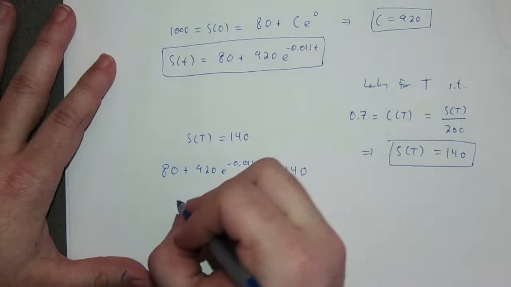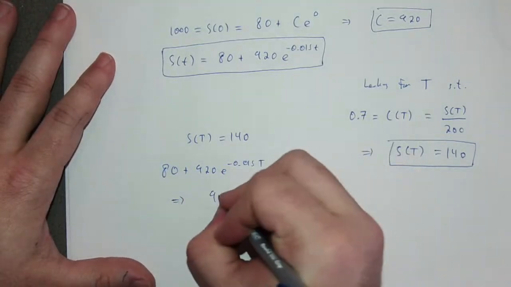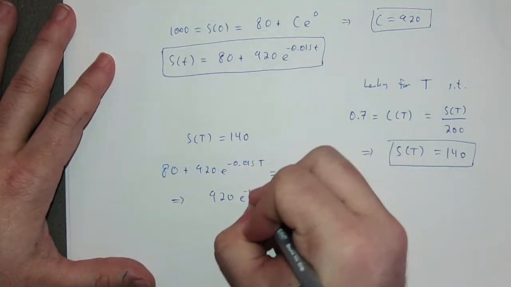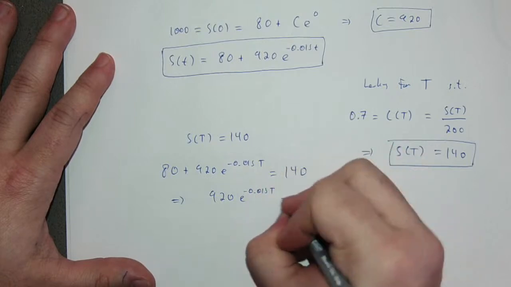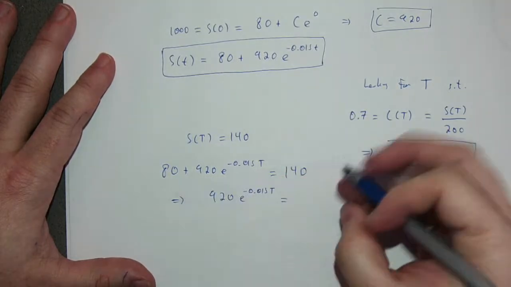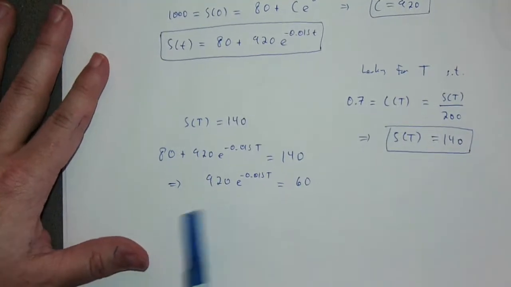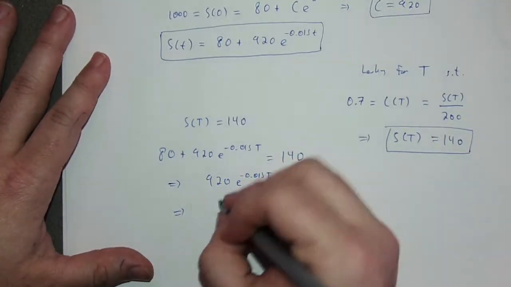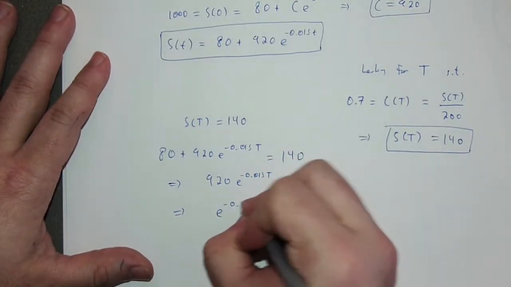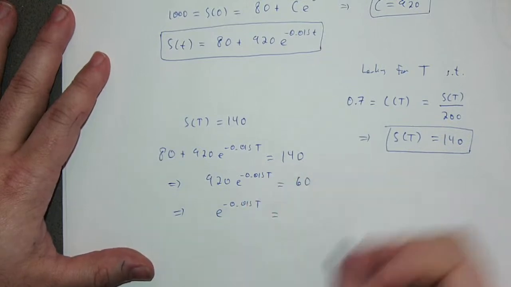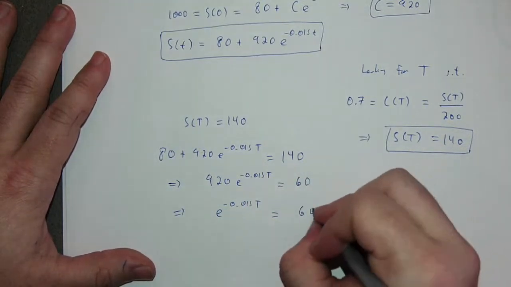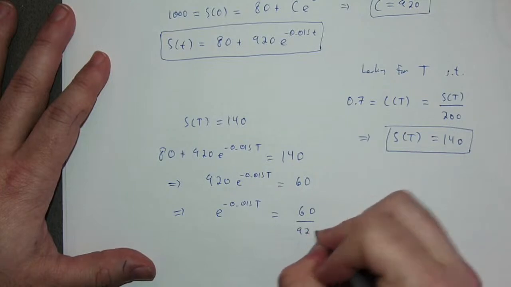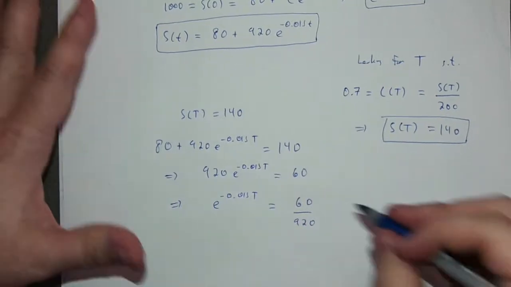Subtract 80 from both sides. I get 920 e to the minus 0.015 big T is equal to 140 minus 80, which is 60. Divide both sides by 920. I get e to the minus 0.015 big T is equal to 60 over 920. Take the log of both sides.